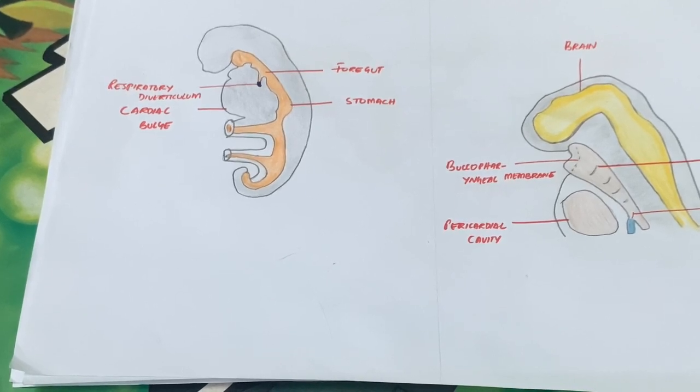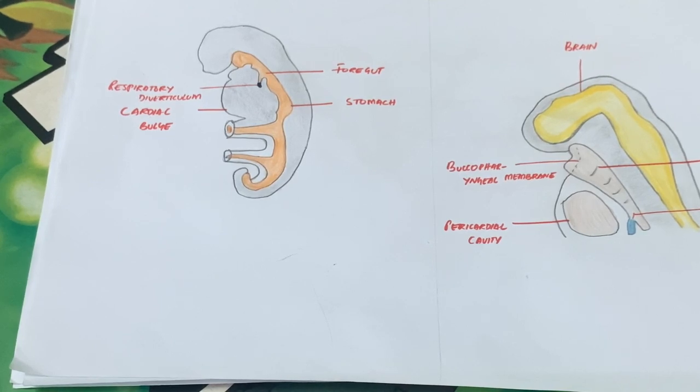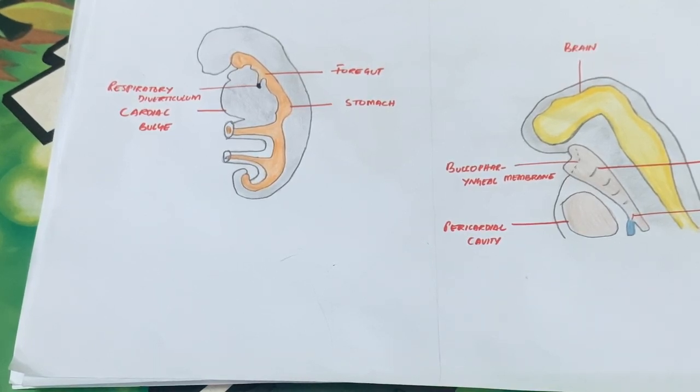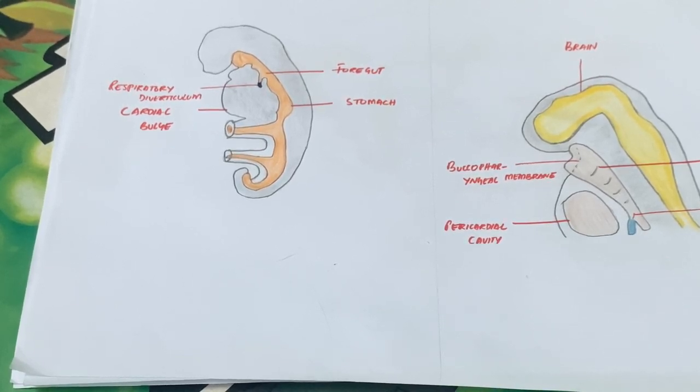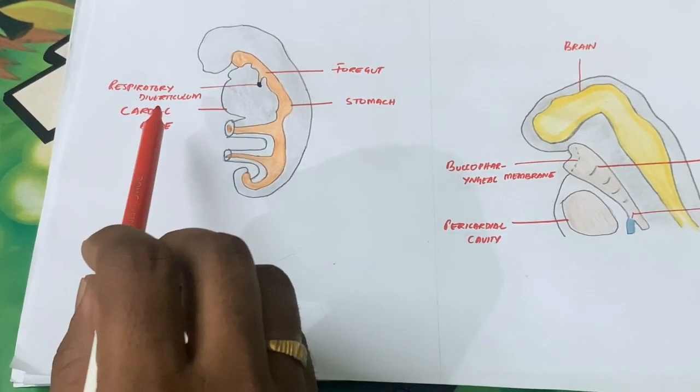Not only this, the respiratory system will also develop from the adjacent splanchnopleuric intraembryonic mesoderm. So the respiratory system develops from two things. One is the median endodermal diverticulum of the foregut, which is called the respiratory diverticulum.